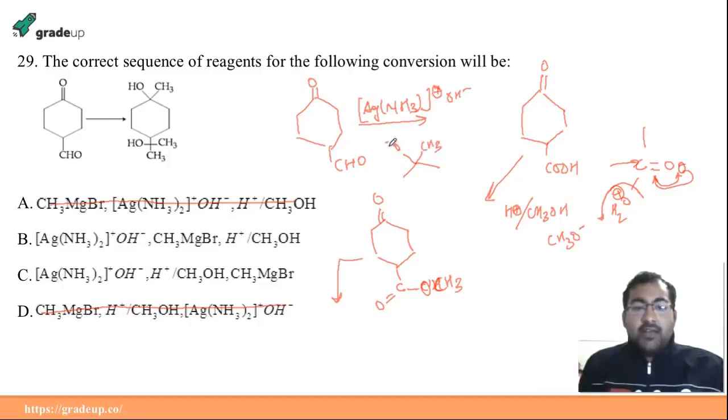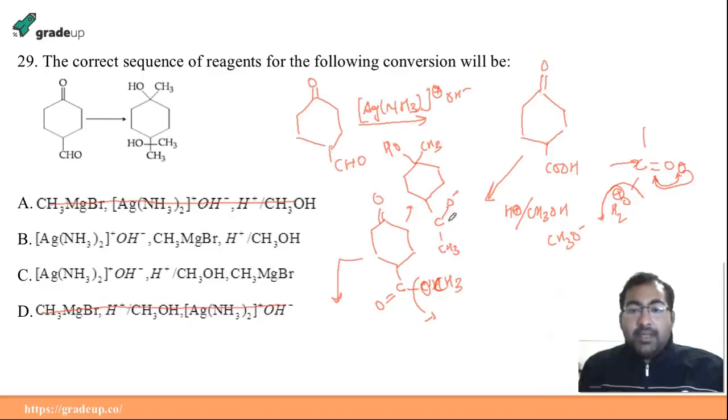This O negative will eventually be OH, and then at the bottom part, let's see what happens. Once this CH3 gets attached here, you are going to get an O negative, right? And because of the back attack of this O negative, this group is going to leave.